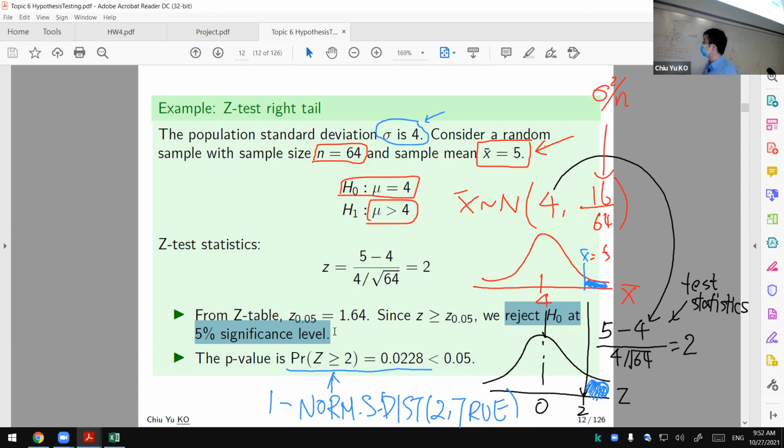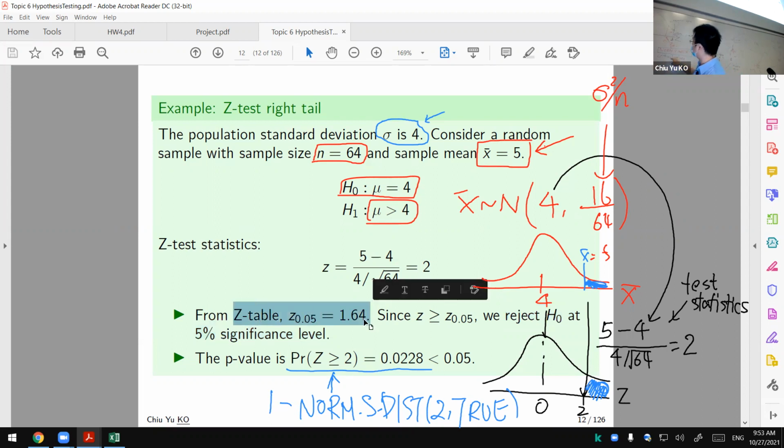You can just use Excel to calculate this test statistic, and look at whether it is more than 2. But on the other hand, you can calculate the Z value, the critical value, Z alpha, right? Z alpha is norm.S.inv of alpha, which gives you the 1.64.